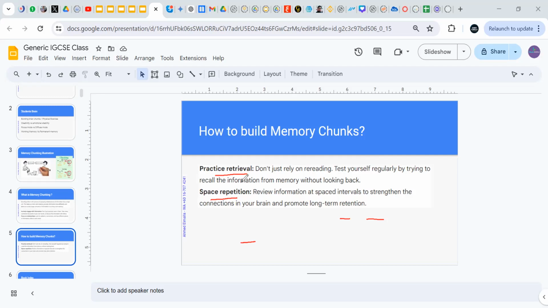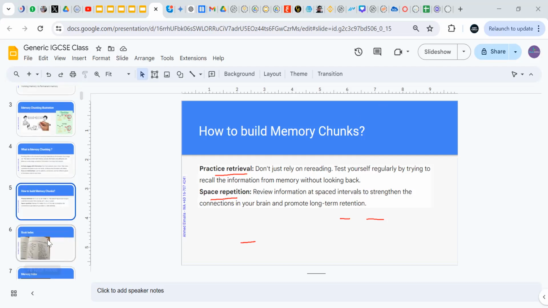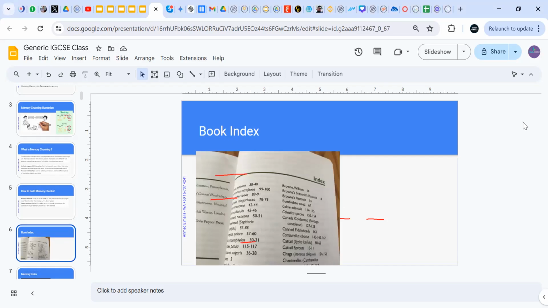It will see which information you are always constantly checking and revising, and it will think that this is the only important information that you want to keep, and then it will start forgetting other information. So to signal your brain, you have to do spaced repetition. Now, do you know what that is?